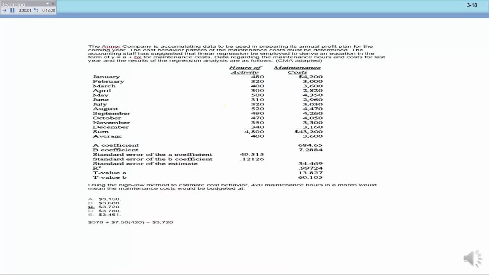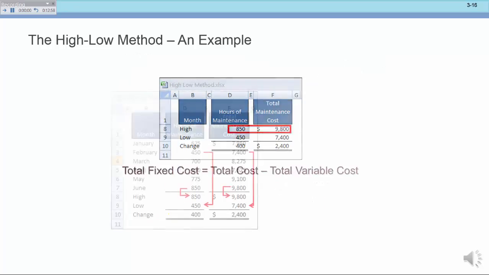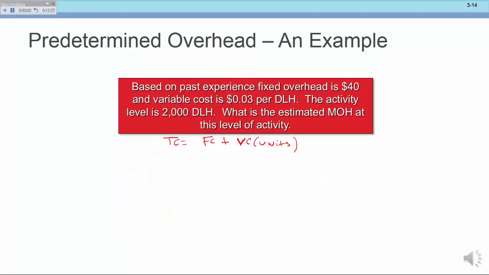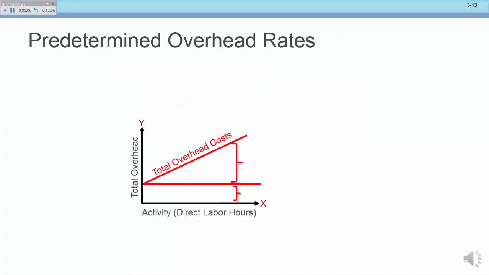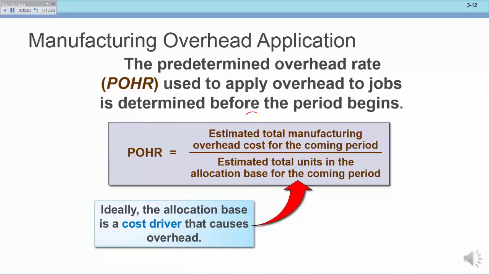What was the total that I had here? 3720. How do I come up with it? Using the high-low method. So I'm going to take the 3720 and I'm going to divide it by what? By the 420. That gives me what? Something like 8 something?